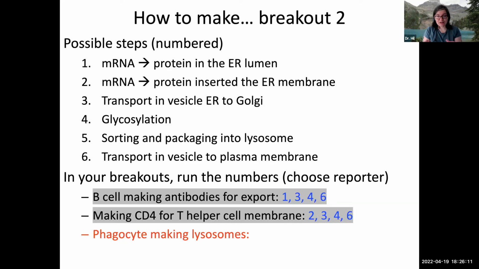So it gathers them all up together and makes a pouch and then tells that pouch, don't go to the surface, you're just going to hang out in the cell and be a lysosome. So it's made just like a vesicle that's destined for the membrane, but it's a specialized one that's just supposed to be a lysosome. With that in mind, see if you can figure out which of these, in what order, are required to make a lysosome with the endomembrane system.